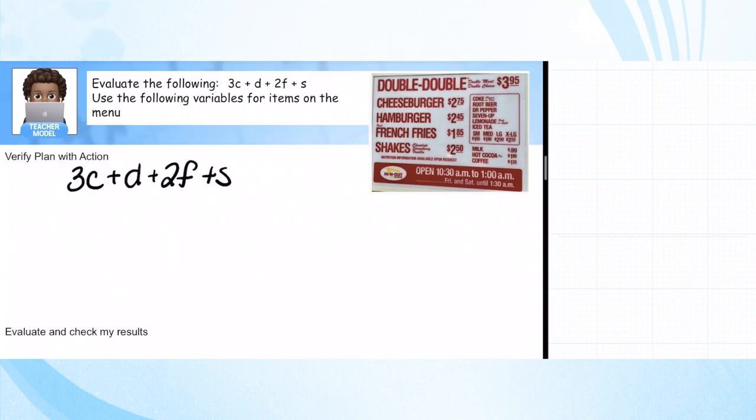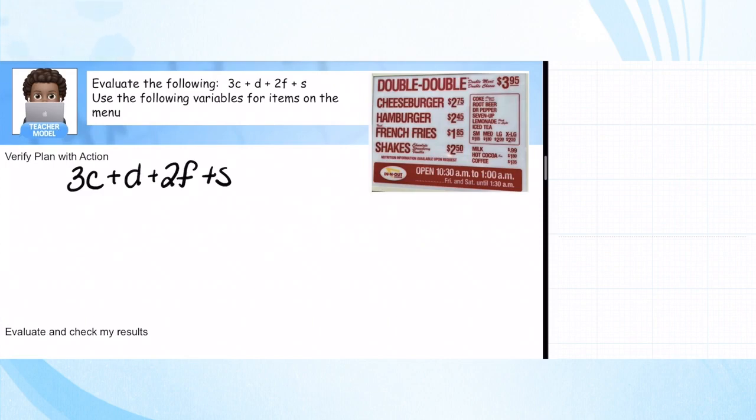Okay, let's start with our substitutions using everything in the chart. We can see them here, all different items. And remember, we're using parentheses to separate any time we see a coefficient and a variable. We see it two times so that we know it's multiplication. We don't make that Carolina mistake.